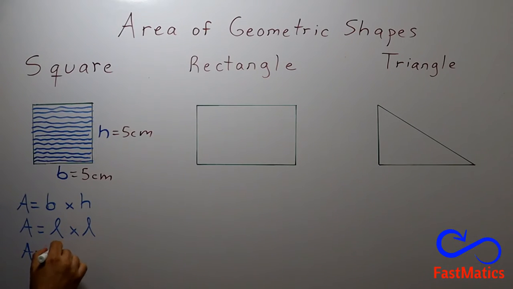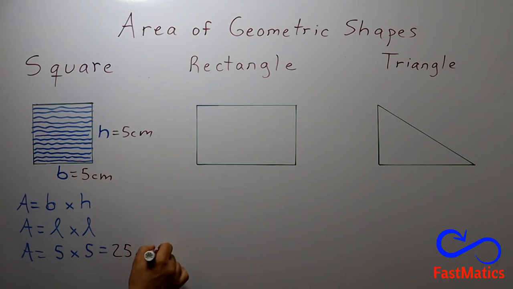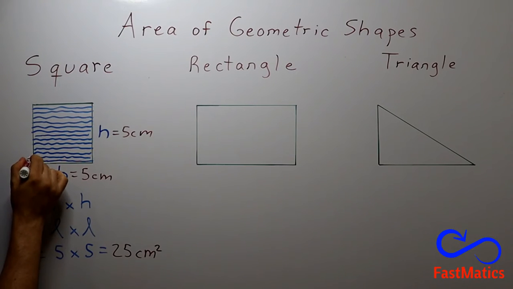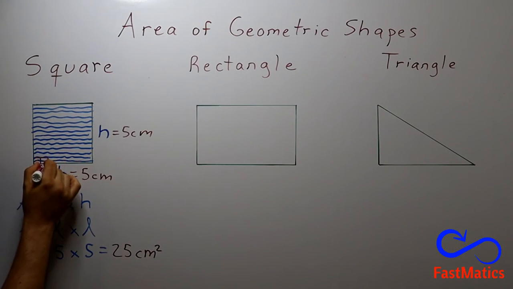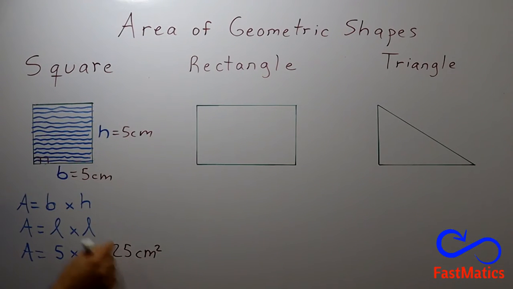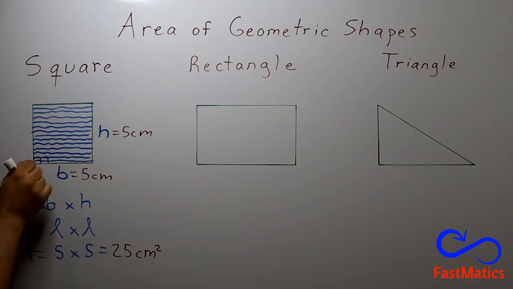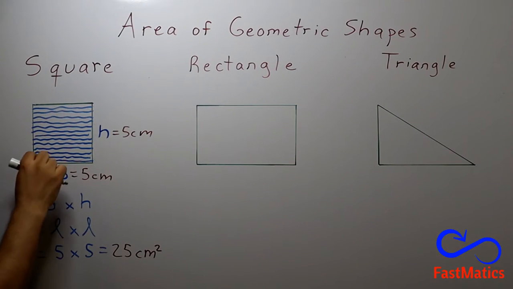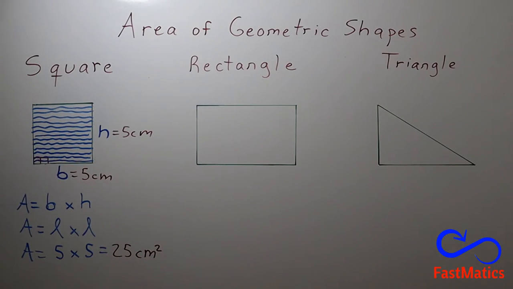Then you write 5 times 5 equals 25 centimeters squared. It is very important. That means that you could put 25 small squares into the shape, and each square measures 1 centimeter of side.